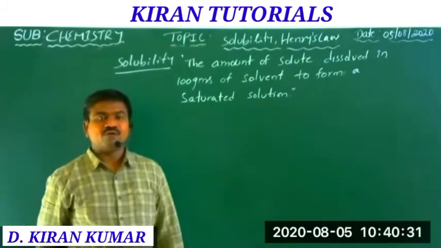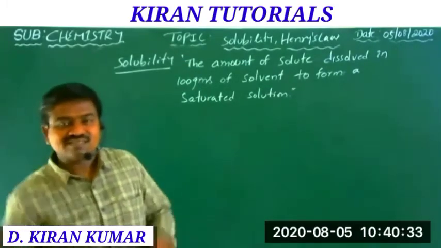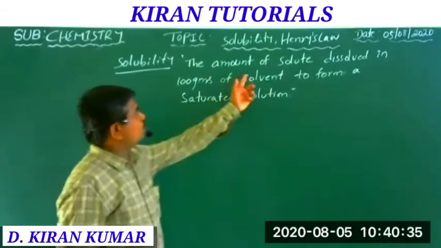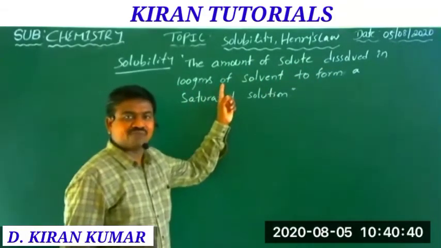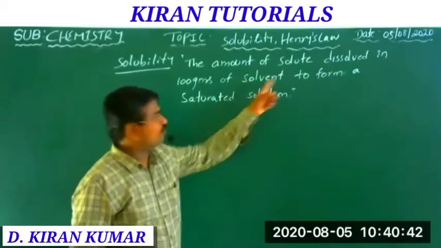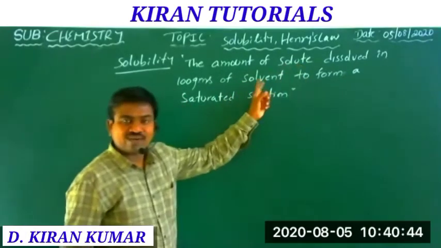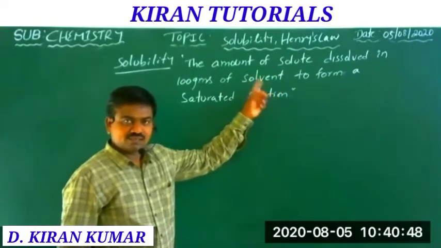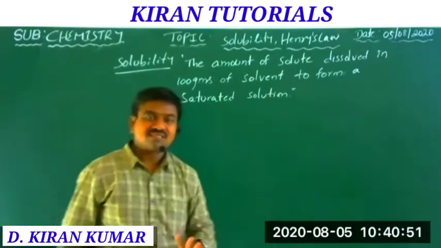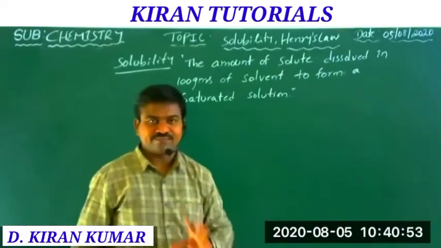So solubility means the amount of solute dissolved in 100 grams of a solvent. You know very well what is solute and what is solvent. Solute is the less quantity, solvent is the large quantity.